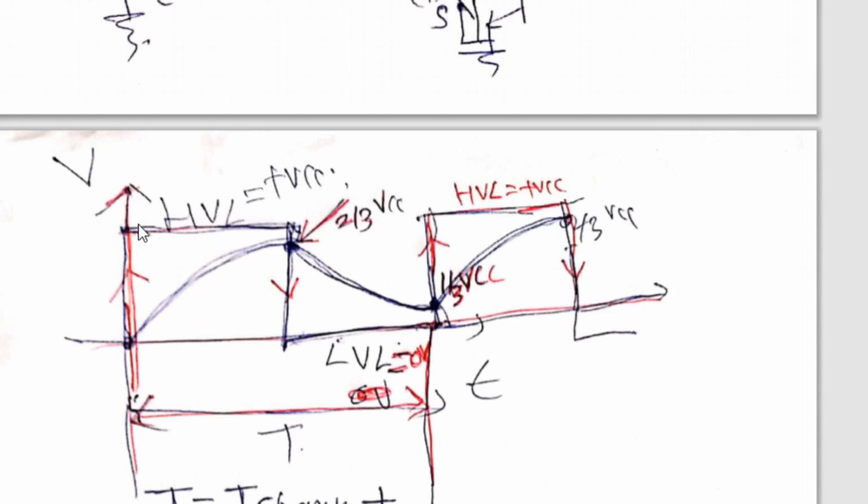And in this way, HVL is logic 1 means plus Vcc. LVL is logic 0 means 0 volt. And you will get the generation of a square wave at the output of IC 555, and this square wave is called astable multivibrator. Here, whenever the voltage level changes from high to low, it is marked by the downgoing arrow, that is also called negative edge.